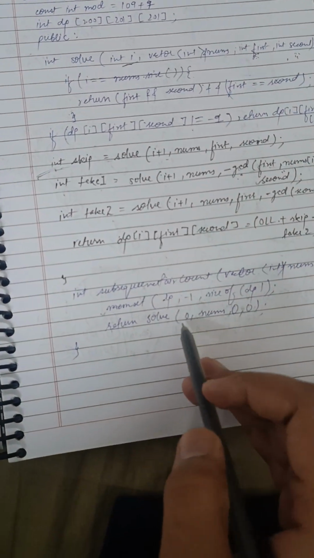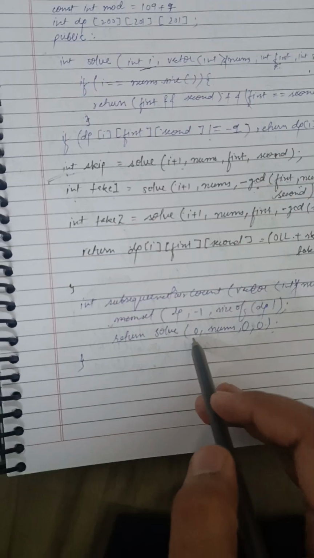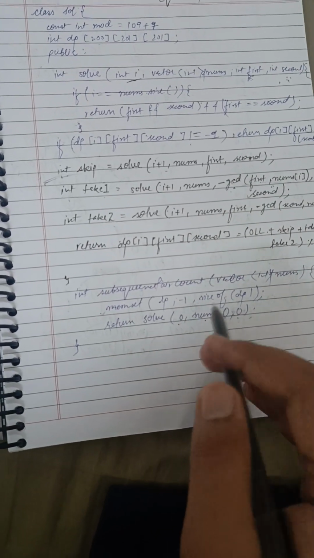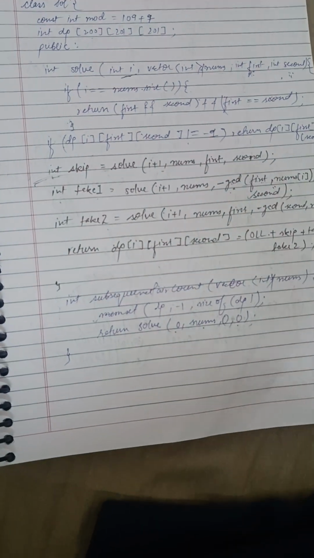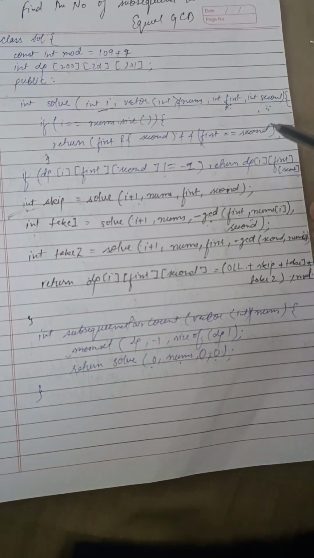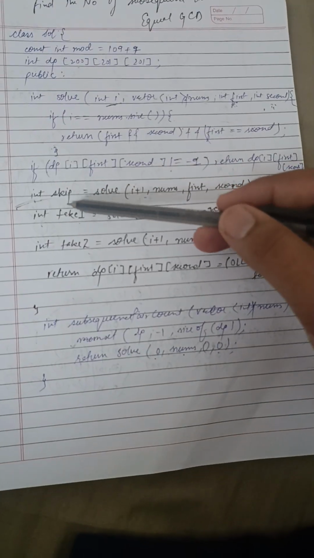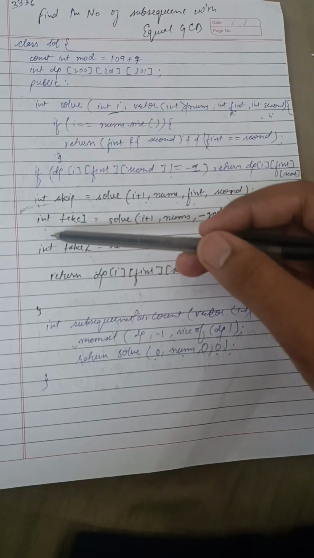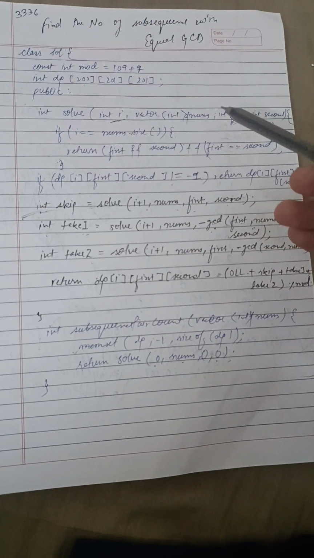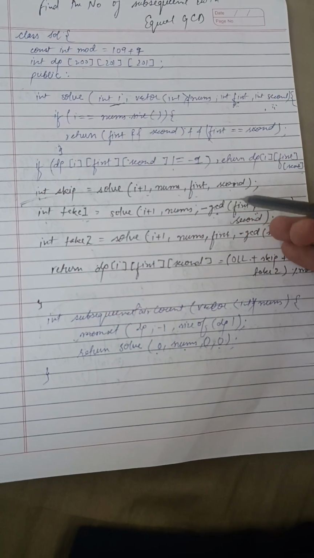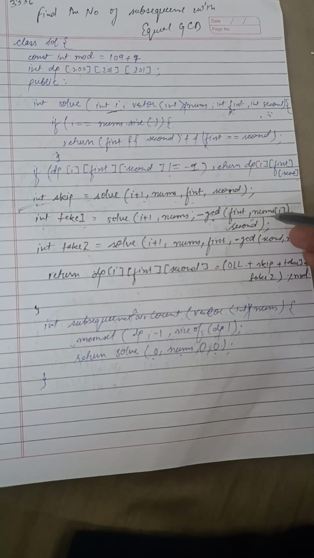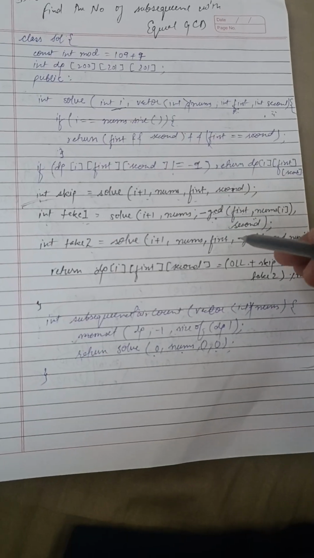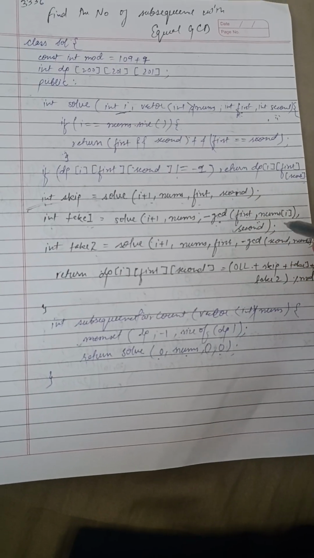I am starting from the 0th index. nums 0 comma 0 is the initialization; both subsequences start with 0, 0. Now I will skip first, then first and second remain the same. In take 1, I try to add a number to my first one, so the moment I try, I find the GCD and store it in first, leaving second the same.